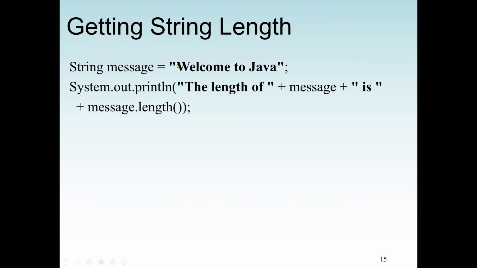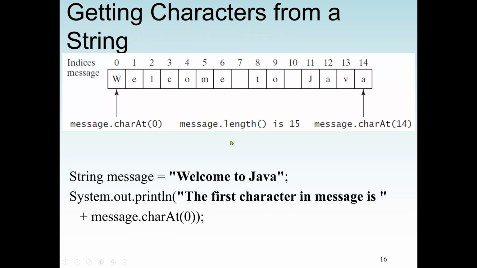So here we have an example, Welcome to Java, with System.out.print: The length of Welcome to Java, that's the content of the message, is... Now you can see here we say message.length. So this will give us the number of characters, including the 2 spaces also. So that's what we have here.